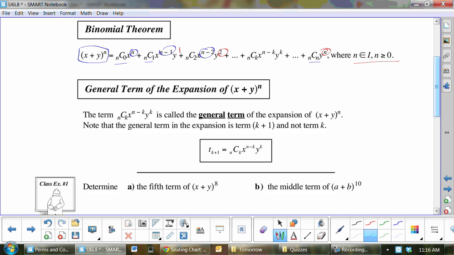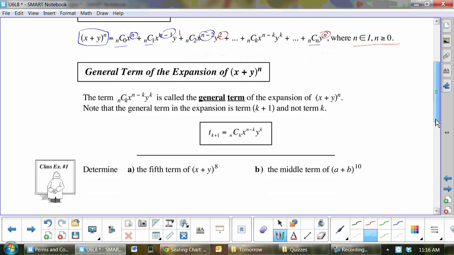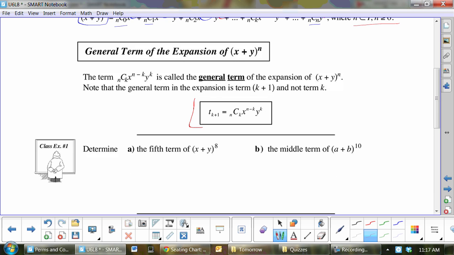So positive integers. Here is the formula for the binomial theorem. Now, it is on your formula sheet, but some great things come in small packages. This is it. It has a lot of information there.